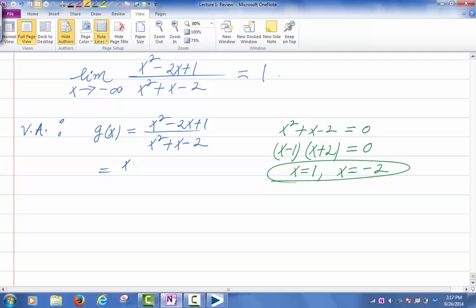So if I factor out the numerator, I get what? x minus 1 times x minus 1. Here I have x minus 1, x plus 2. Now I can cancel out this x minus 1, and I am left with x minus 1 over x plus 2.